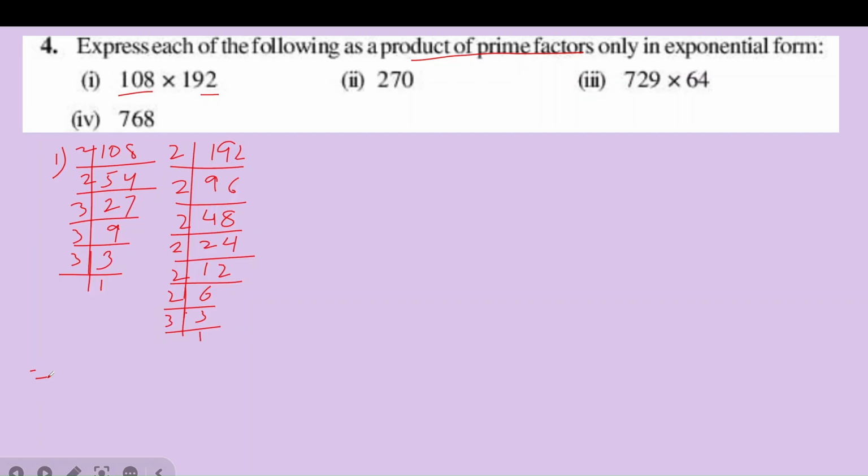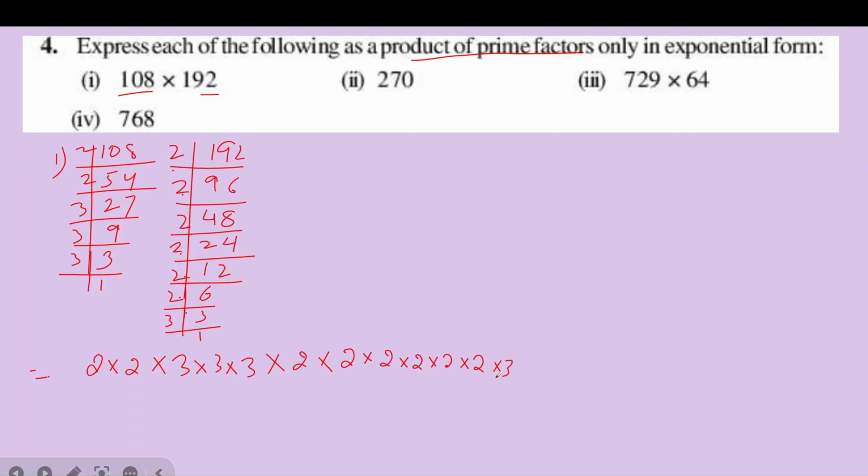Now you can write them here. I'm writing first all the prime factors of 108, and now how many 2's are there? 1, 2, 3, 4, 5, 6 2's, and then I have a 3 also.